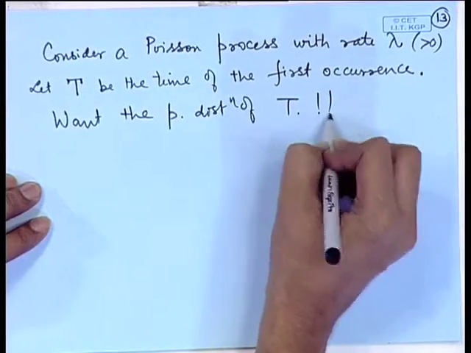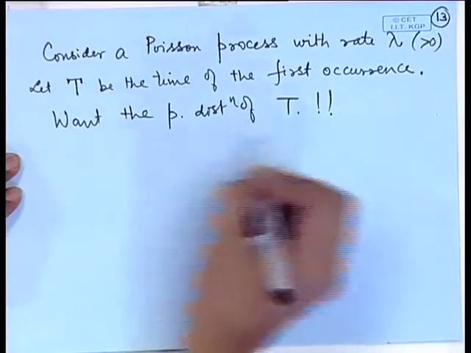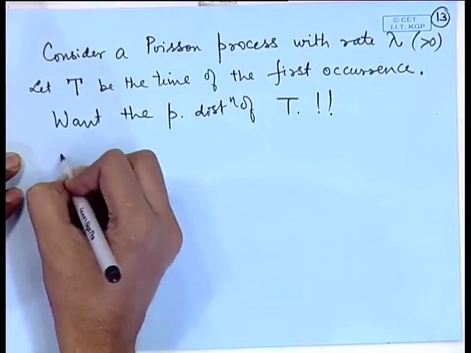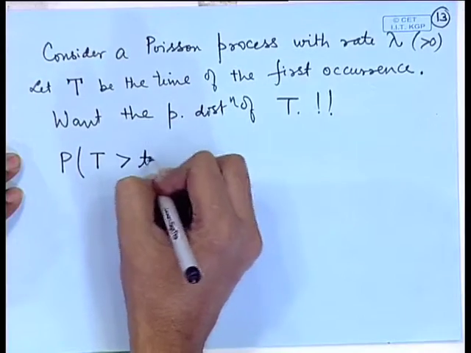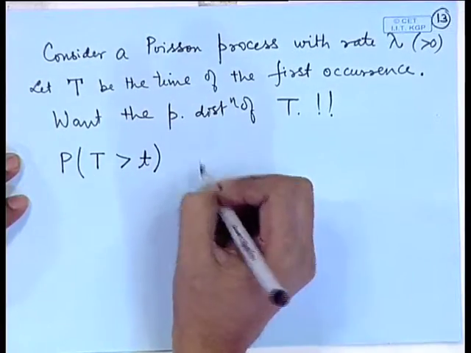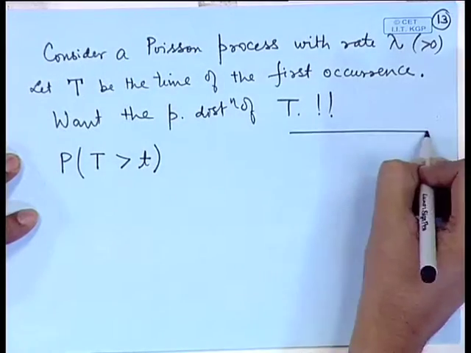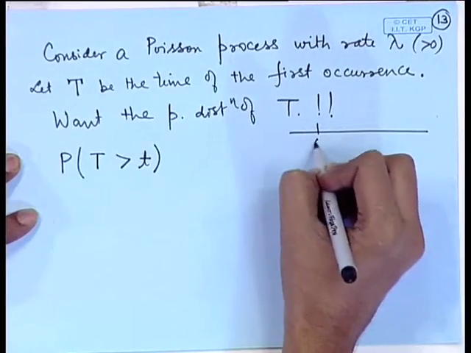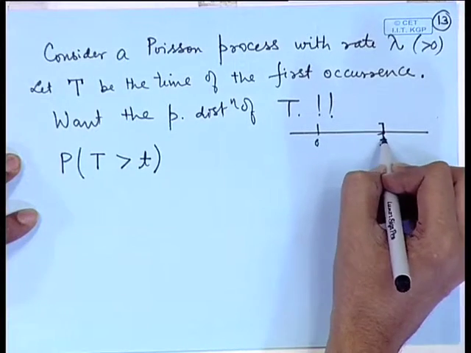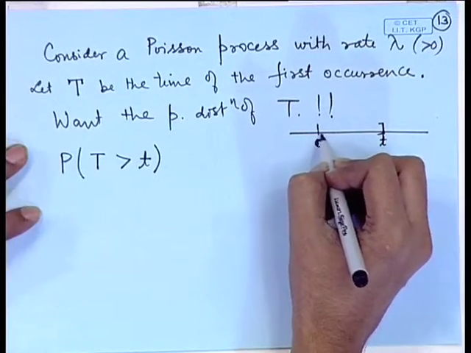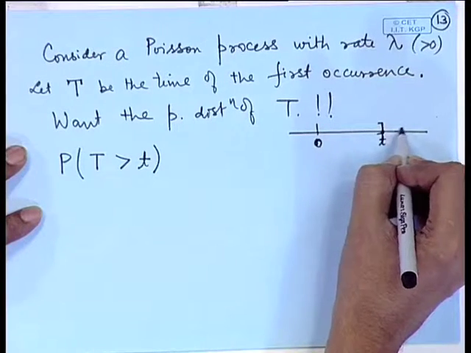What is the distribution of T? We can look at an event, say probability T greater than small t. What does it mean? That means, if we are observing the process from time 0 up to time small t, that event has not taken place.